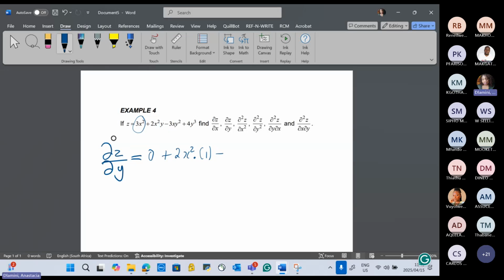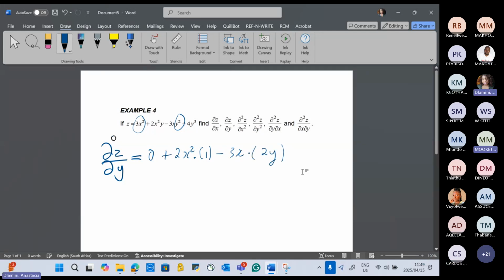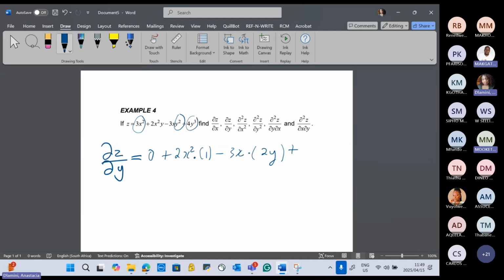What are we keeping the way it is here? 3x. Then the derivative of this is what? 2y. Plus. Here, what is the derivative of that? 12y squared.